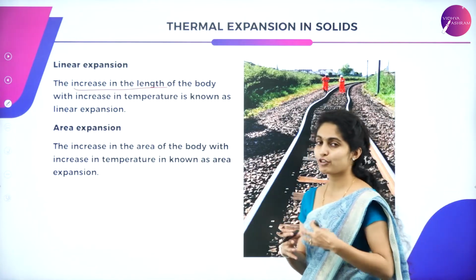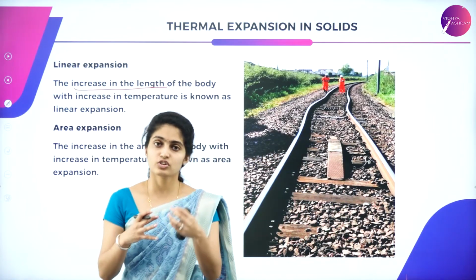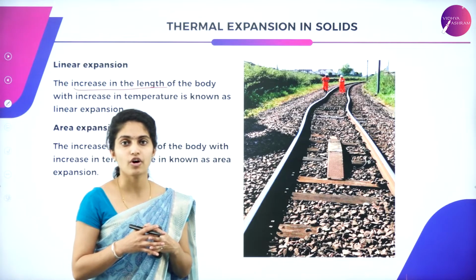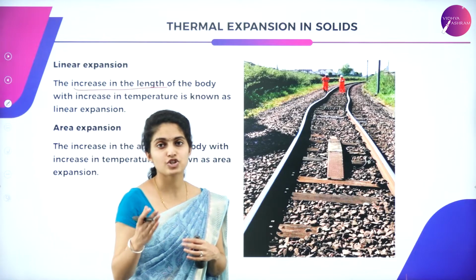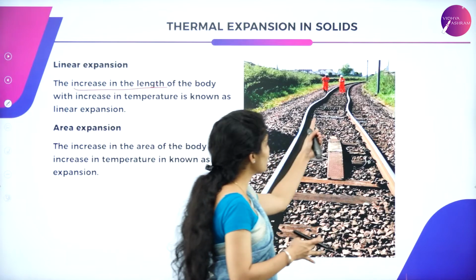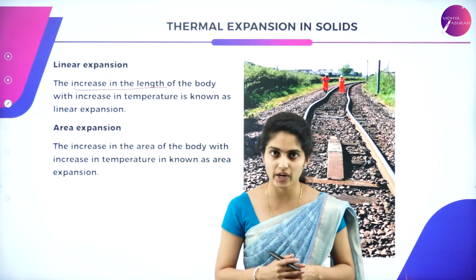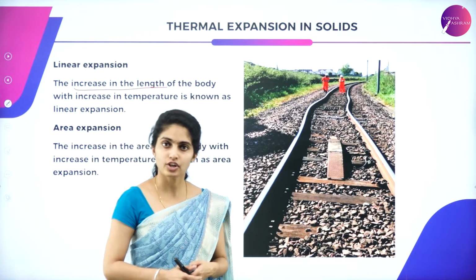So here we have linear expansion and area expansion. This image is one example of the thermal expansion of bodies. There is a bend given for railway tracks, which uses these thermal expansion concepts.